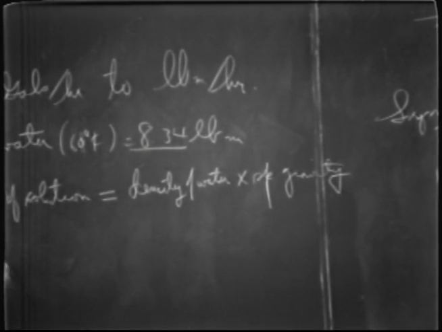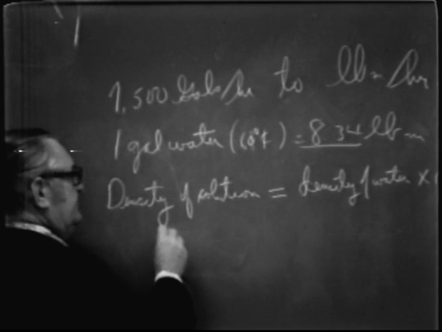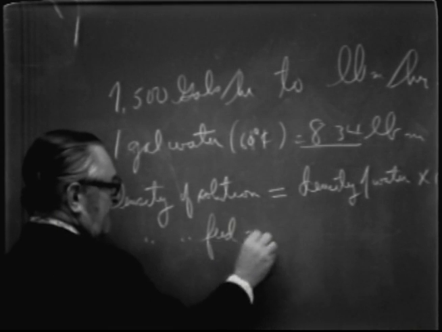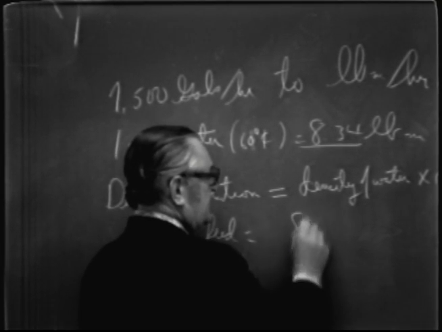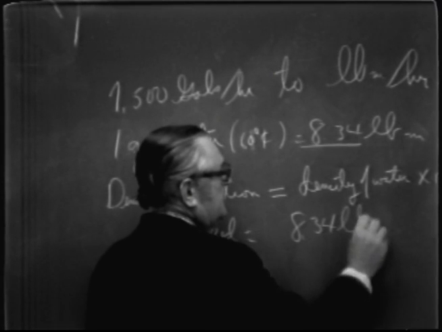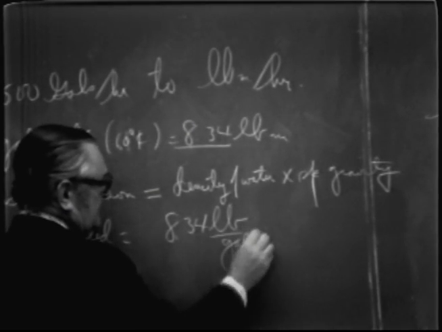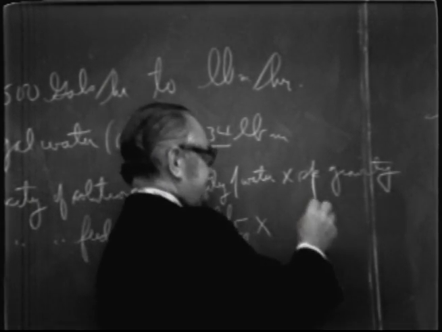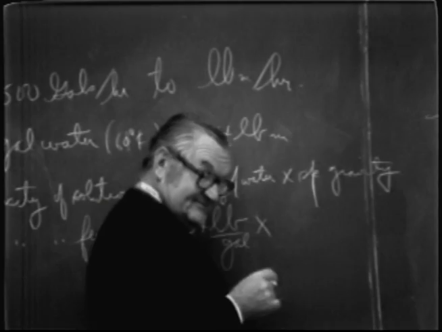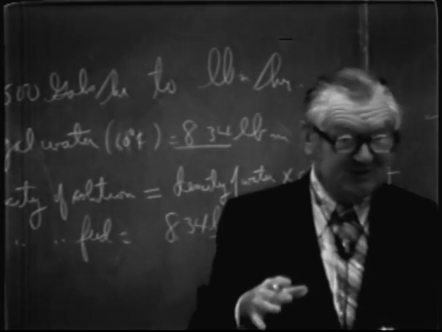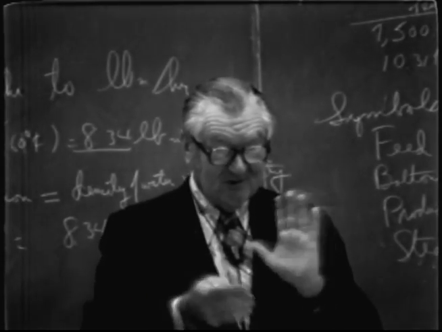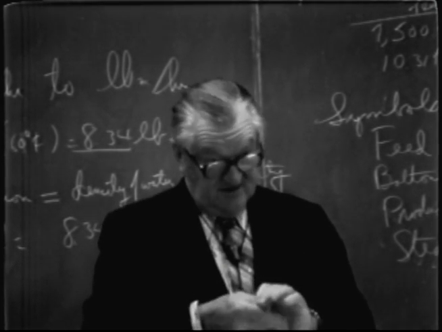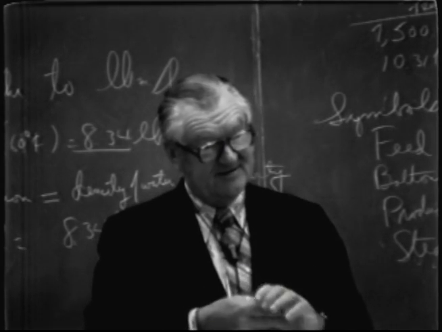So using the engineering units, we'd have the density of the feed, or that wine material, is equal to the density of water, which is 8.34 pounds per gallon, times the specific gravity, which means the ratio between the weight of a given volume of the solution divided by the weight of the same volume of water.